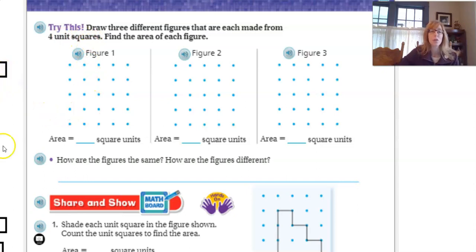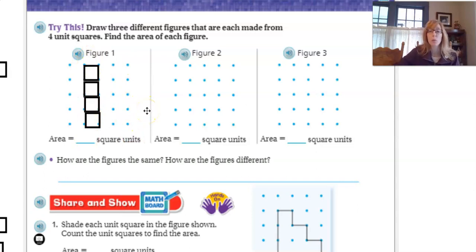Okay, so we are going to use, hopefully you guys are going to draw. So I'm going to put 1, 2, 3, and 4. Did everybody draw this?